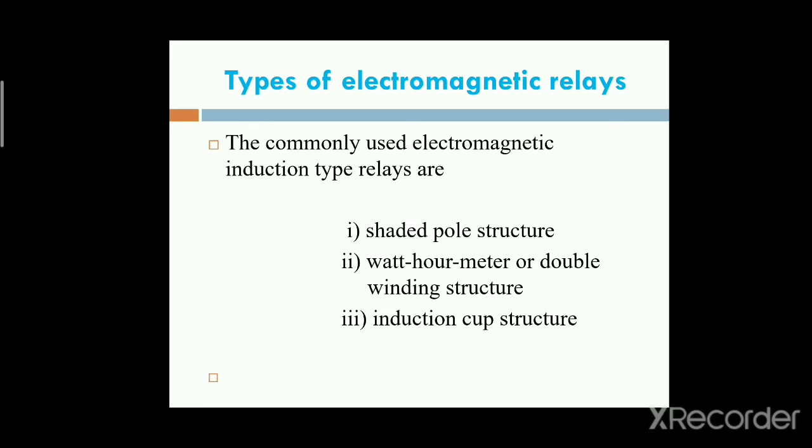Basically, the generators, transformers, bus bars and the transmission lines are the four types of costly equipment, or four stages, in a power system. That's why we give separate protection for these four types of devices.